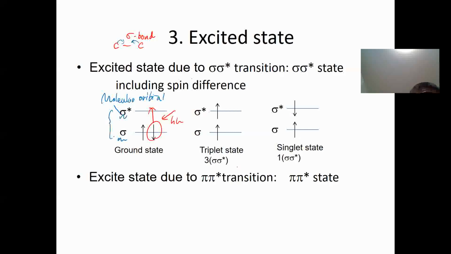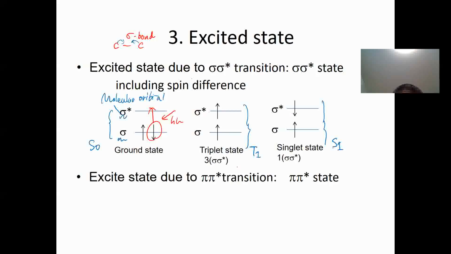This set of electron configurations is the ground state, for example S0. And this combination of electron configurations is called the triplet T1 state, and this one is the S1 state. We are coming back here later on.